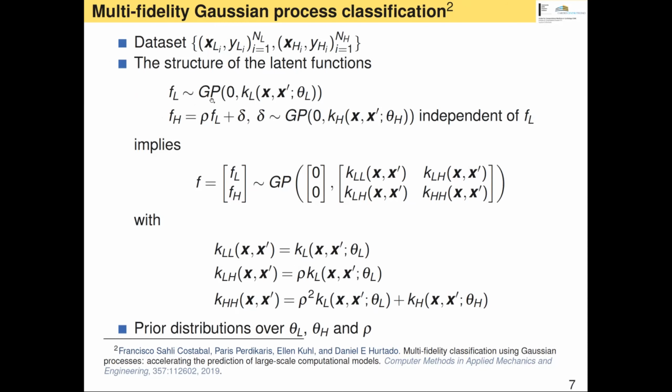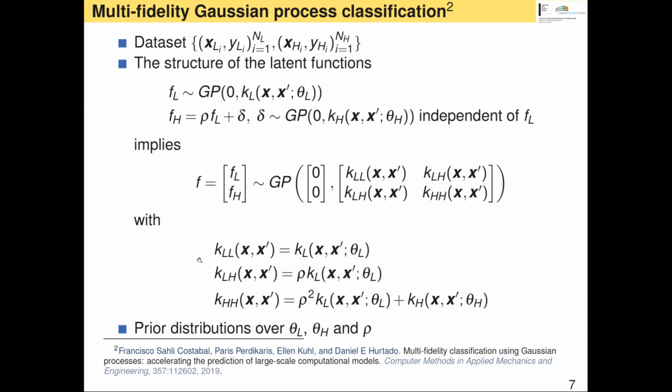FL is a Gaussian process with zero mean and covariance kernel KL that depends on the parameters theta L. And FH is equal to rho times FL plus delta, where rho is a parameter to be inferred, and delta is a Gaussian process independent of FL with mean 0 and the covariance kernel KH that depends on the parameters theta H. Because of this structure, the function f that is now defined as a vector with components FL and FH is a Gaussian process with zero mean and matrix valued covariance kernel with these entries here.